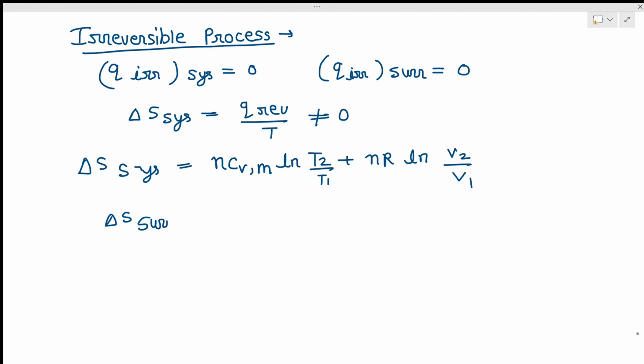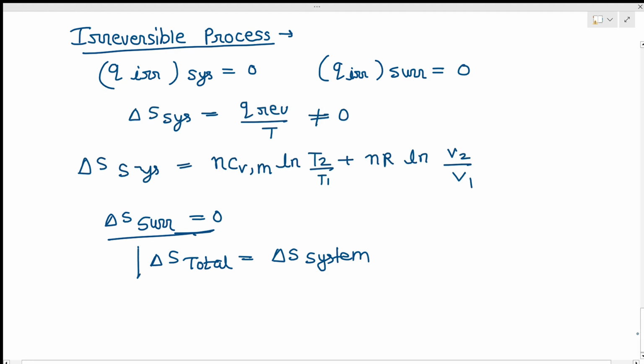And we know del S total is equal to del S of system, because the del S of the surrounding is equal to 0. So del S total will be equal to del S of system. This is the case for the adiabatic irreversible process.